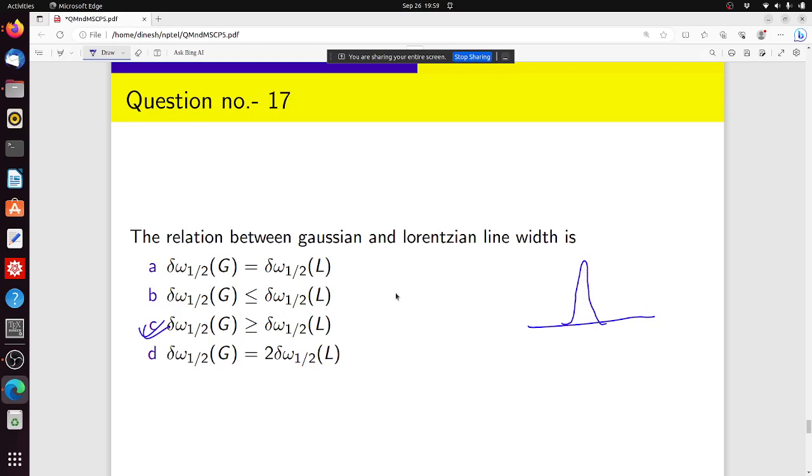When some external factors are involved, like temperature, the shape will be somewhat flat. So this is Gaussian, this is Lorentzian.